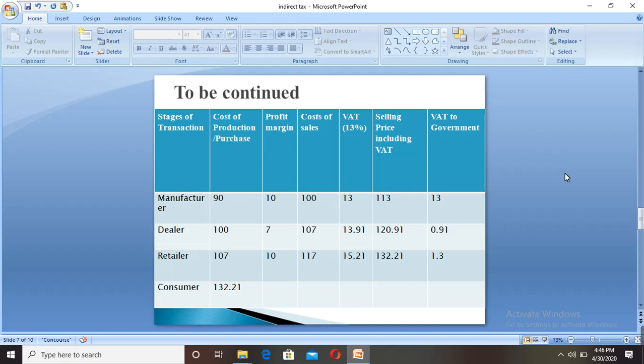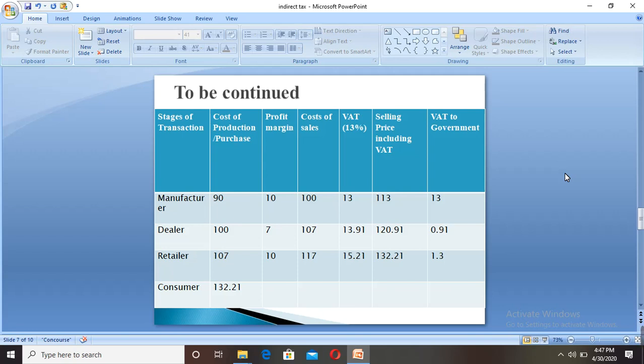Similarly, the dealer has to pay VAT to the government, and the amount of VAT that the dealer has to pay to the government is 0.91 rupees. Students must not be confused about how 13 percent is included in the cost of sales, why it is not 15 percent, why it is not 20 percent, why it is not 25 percent.